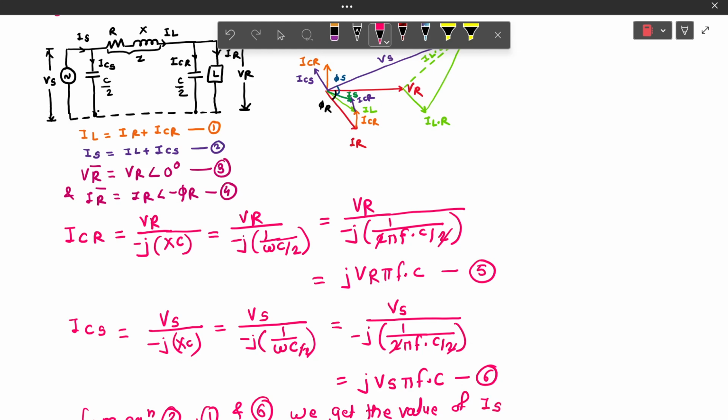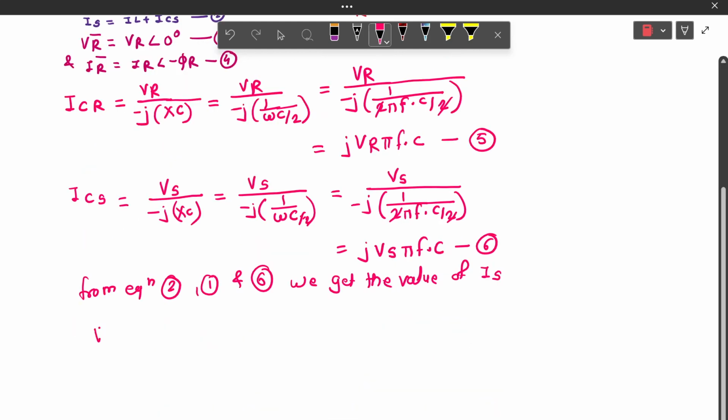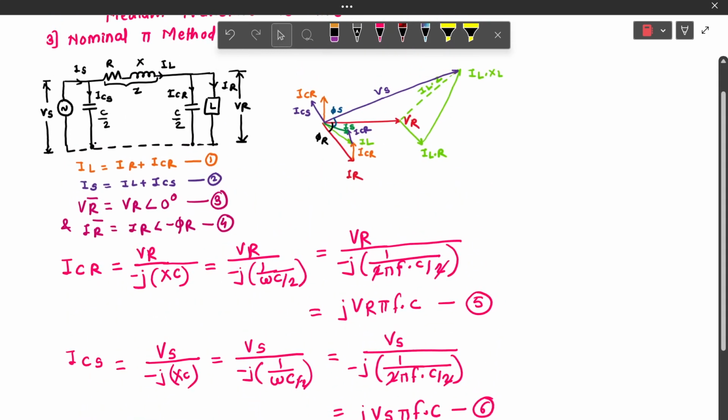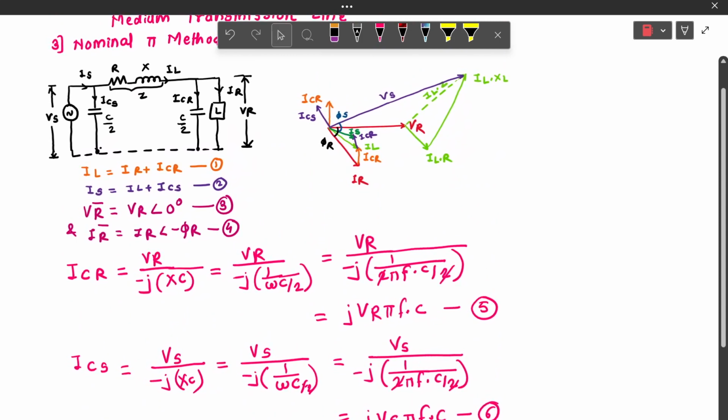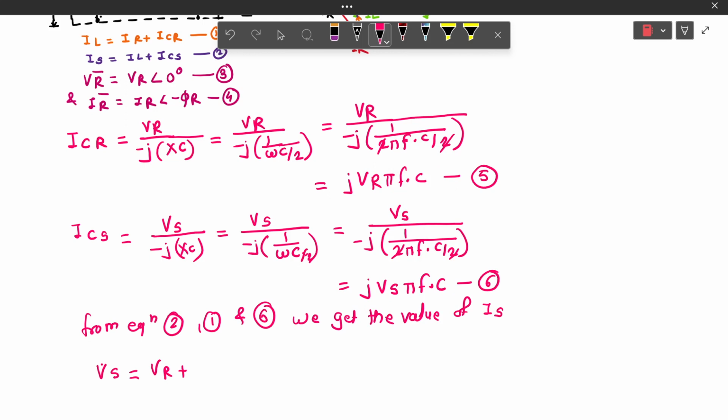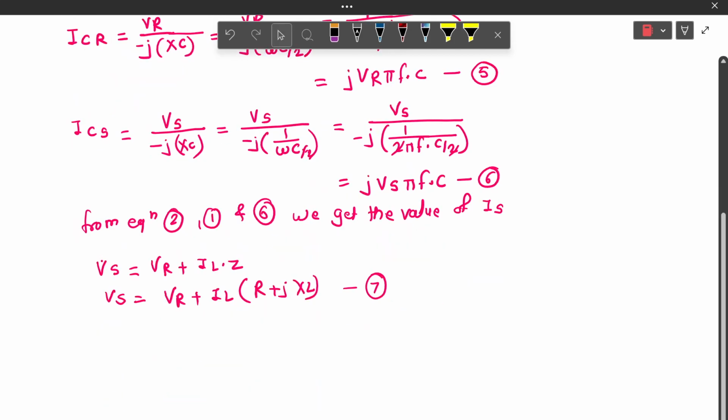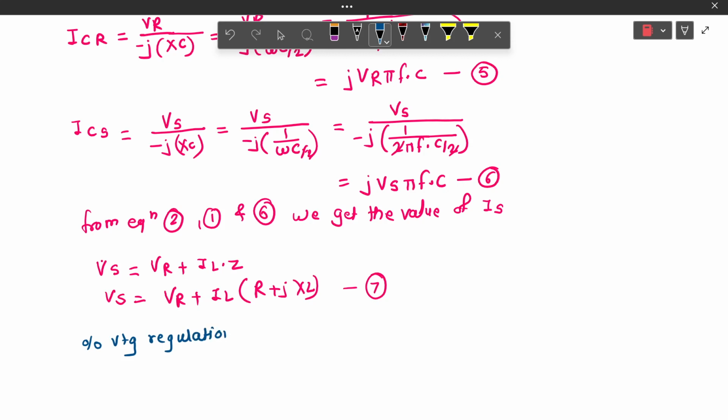Now Vs can be written as, from the phasor diagram, the vector sum of Vr plus IL into Z. Hence Vs can be written as Vr plus IL into Z, where Z is R plus jXL. Equation number 7.